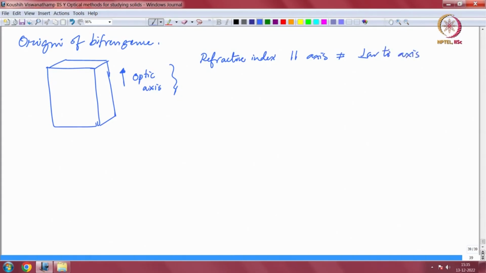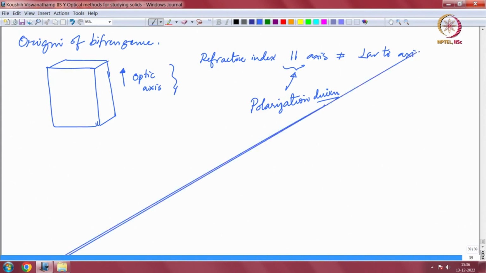And when I say parallel and perpendicular, I am referring to the polarization direction. So, if the light polarization is parallel to the optic axis, you will see a different refractive index, which means that that component of the light will travel at a different speed compared to the component that is perpendicular to the axis, to the optical axis.